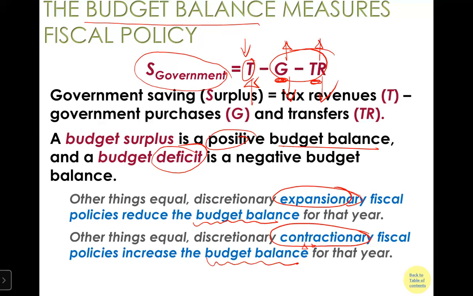To summarize, the government budget will become more negative during recession. And when the economy is in expansion, that's going to help us repair our budget balance, or the government can pay off their debt and reduce their deficit in good times.